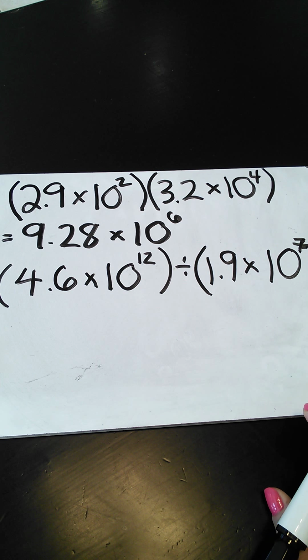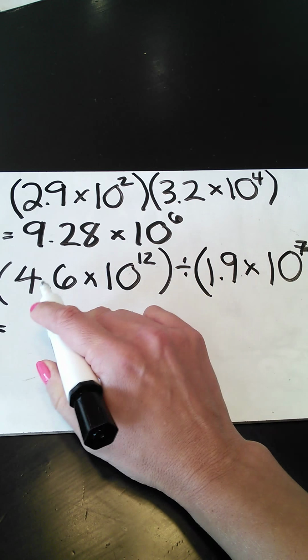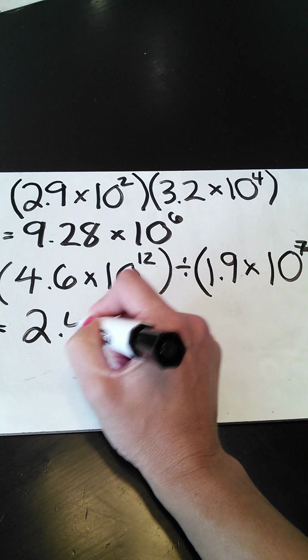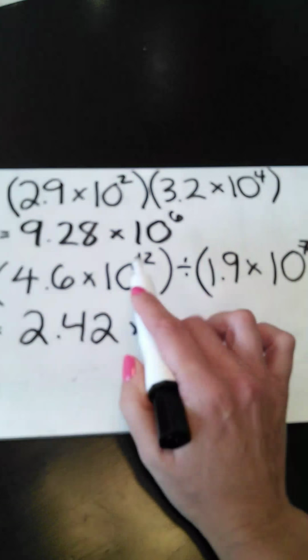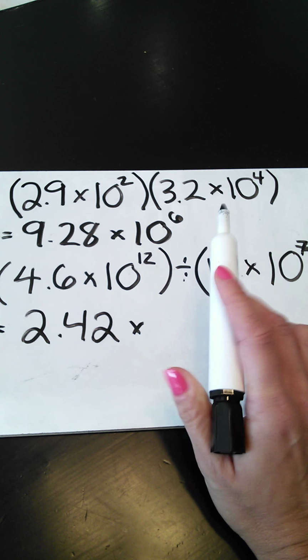So you can pause that, give that one a try, and you should have ended up dividing 4.6 and 1.9 to get 2.42, and then dividing 10 to the exponent 12 by 10 to the exponent 7. You subtract the 2 because we're dividing. So it would end up being 10 to the exponent 5.